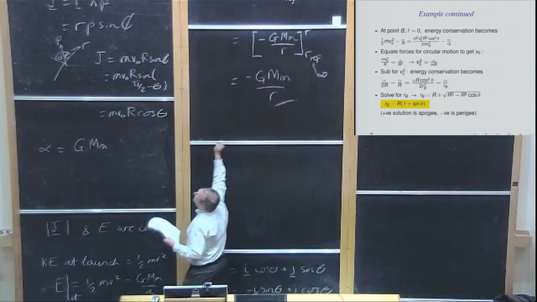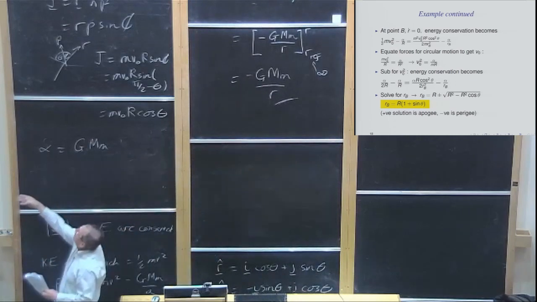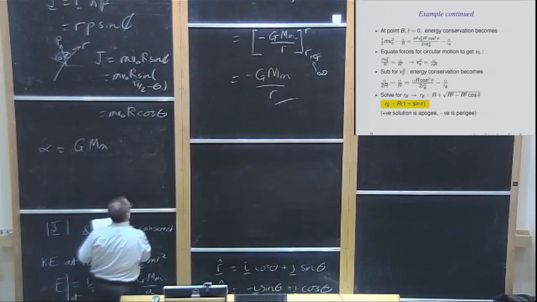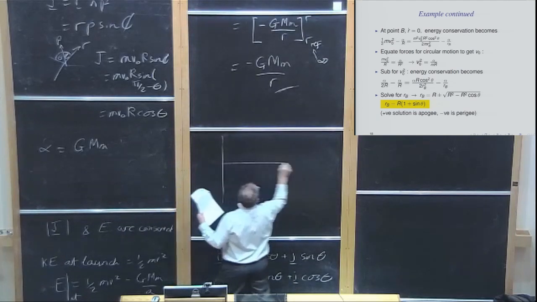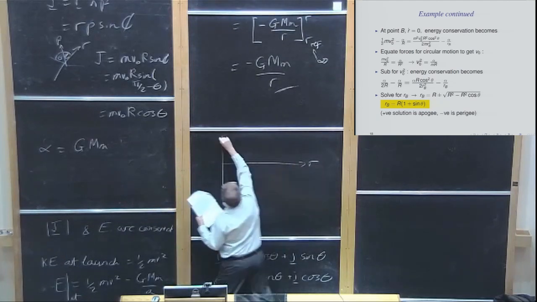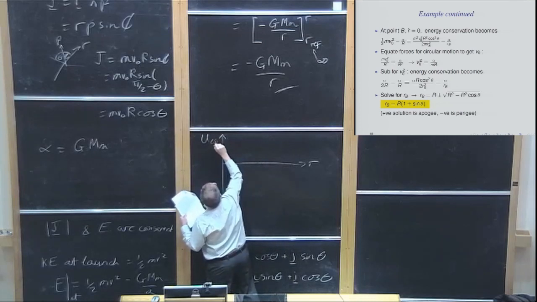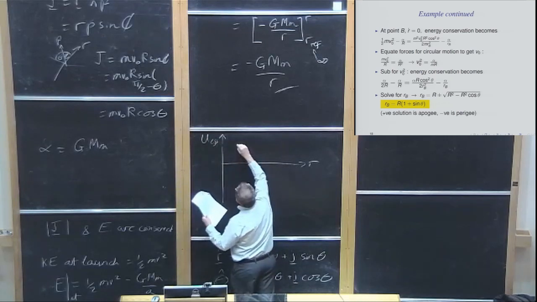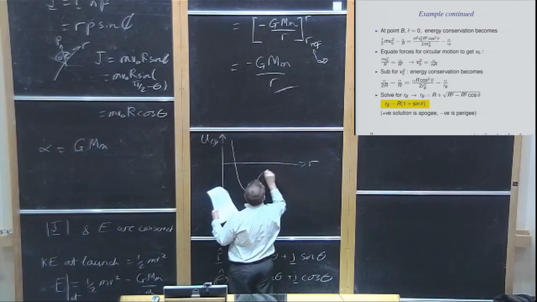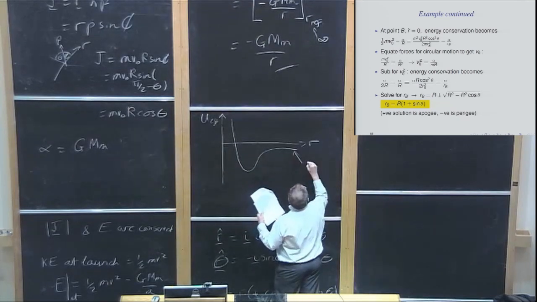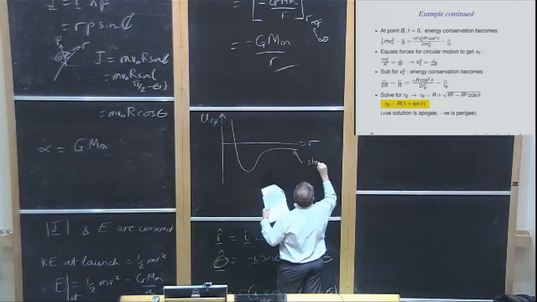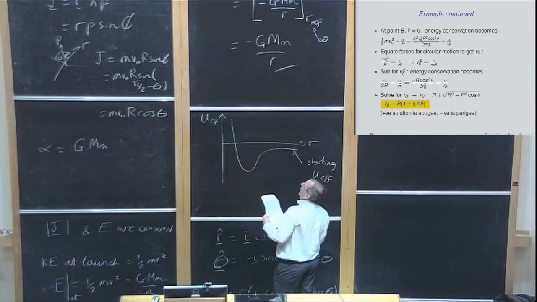Having waded through that maths, let's just understand what's happening in terms of the effective potential. So again, let me draw an effective potential case. So we started with, so this is the starting UF has a shape like this.